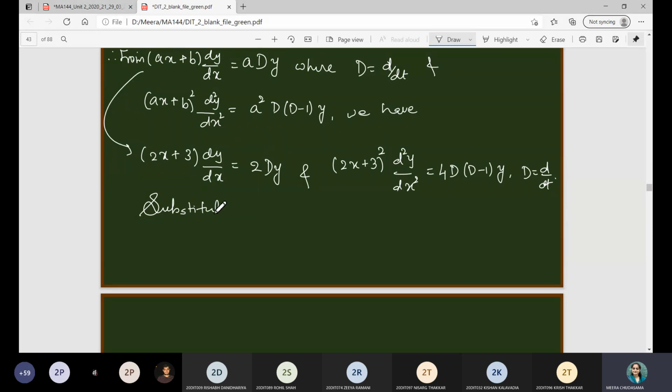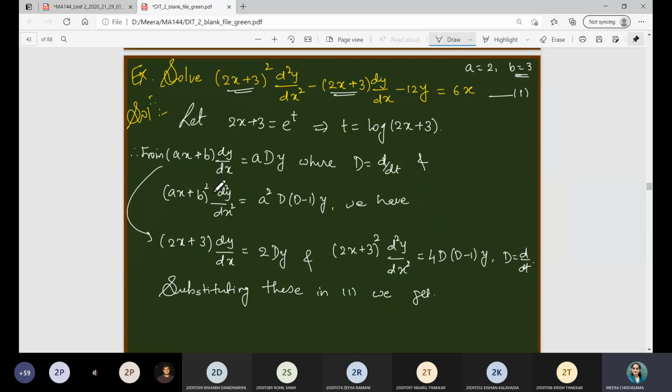So let us now substitute this in 1. So substituting this in 1, we get, so now the left hand side first term, you can see that it is (2x plus 3) whole square d square y by dx square, that is this one.